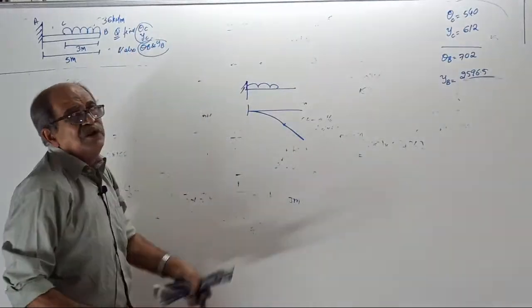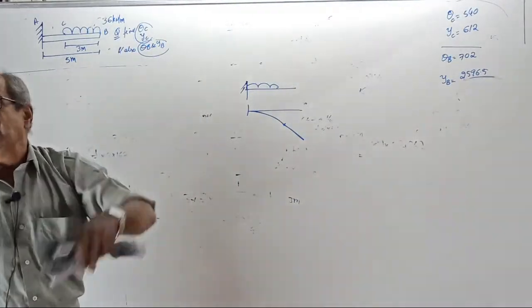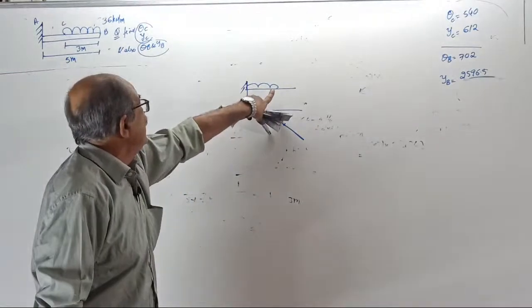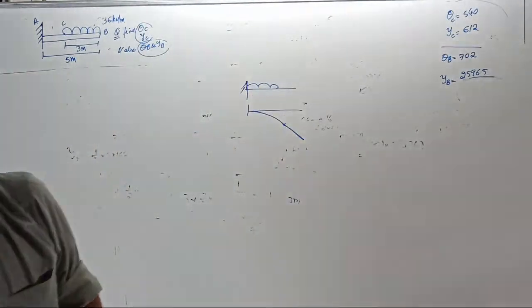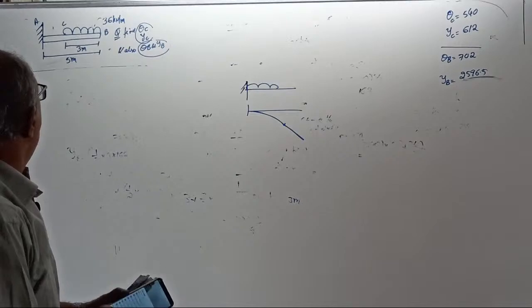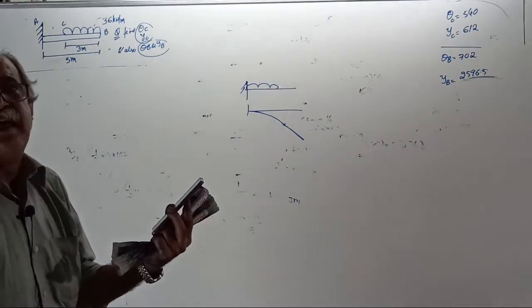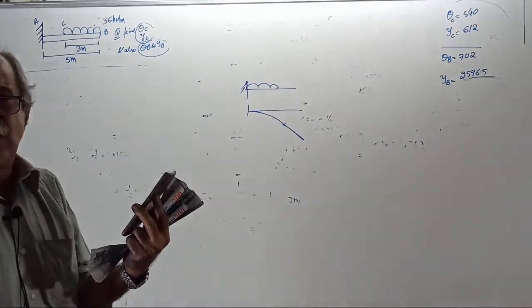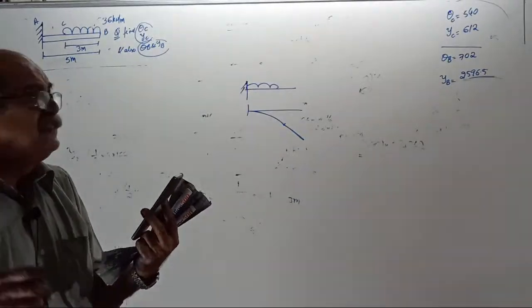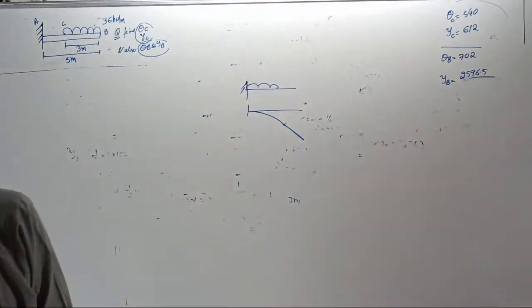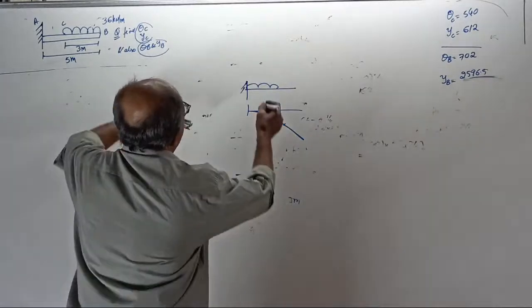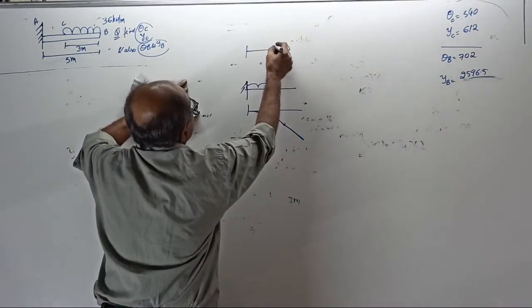If the UDL is on the fixed end side, you have done it earlier. You can take a cantilever here and apply the formula. If the UDL starts from the fixed end, you can apply the formula. You should make all the notes. But there is no formula for UDL on the free-hand side.